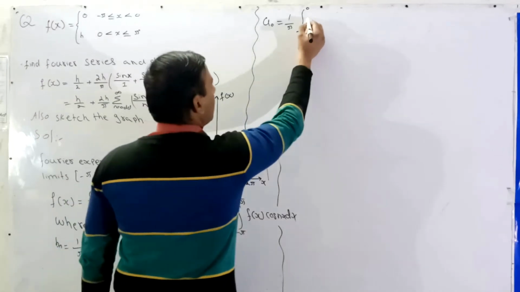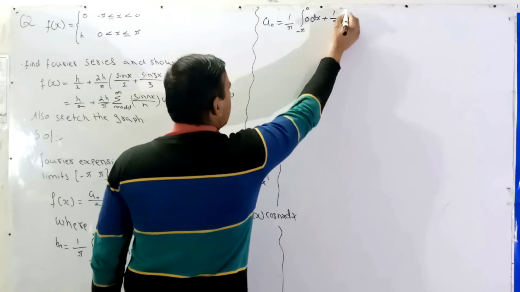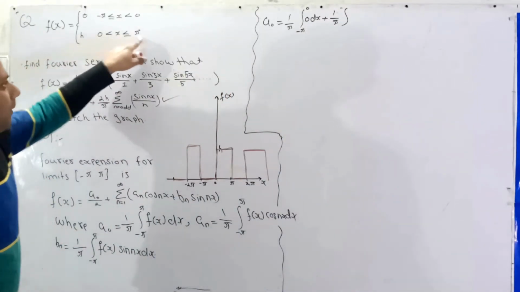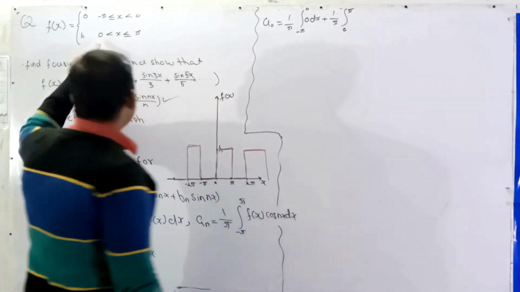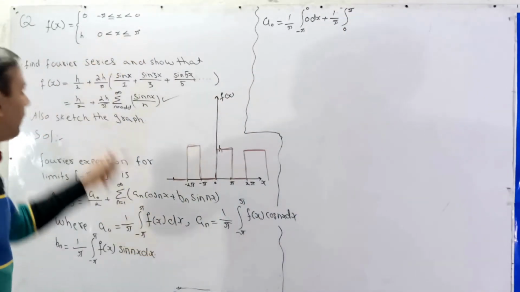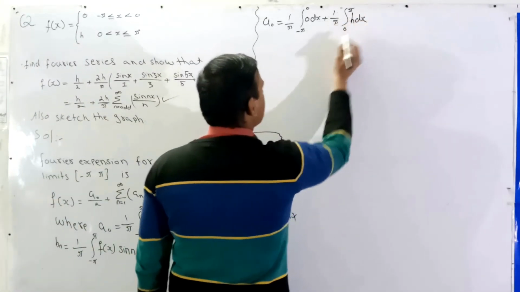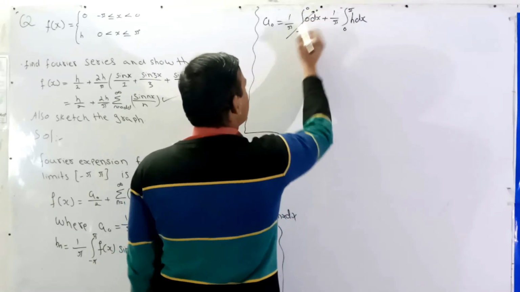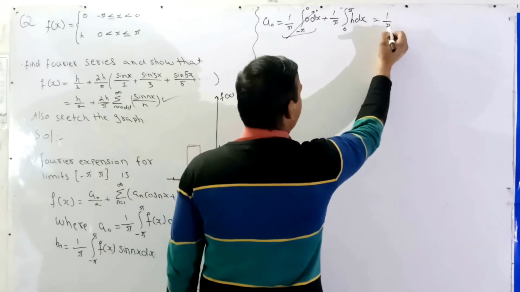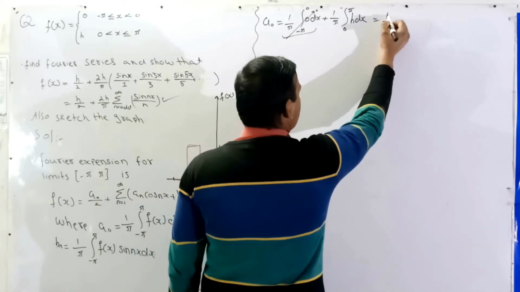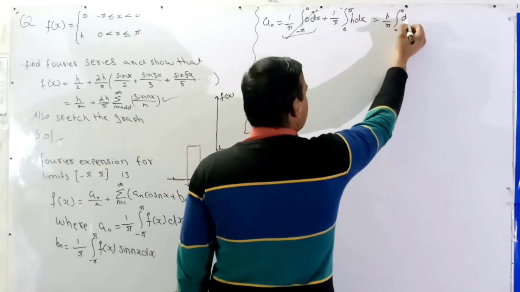So we will put here 0, and the second interval, 1 over pi from 0 to pi, and in this interval the value of f of x is h dx. Due to 0, the whole function will become 0 from this side, and in the remaining part 1 over pi, h is constant, so we can take it out of the integral, 0 to pi dx.